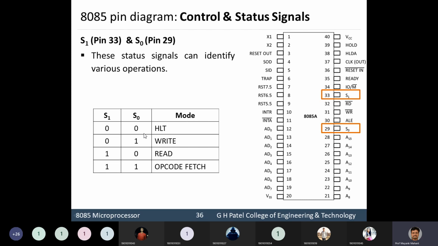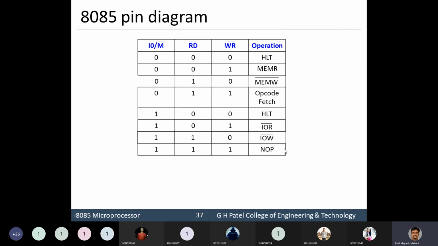Whenever your processor is executing an instruction and you want to fetch an opcode, fetch means to take the opcode into the microprocessor, then S0 and S1 must be equal to 1 1 at that point in time. That is what is called an opcode fetch. These are the combinations of IO, read and write.